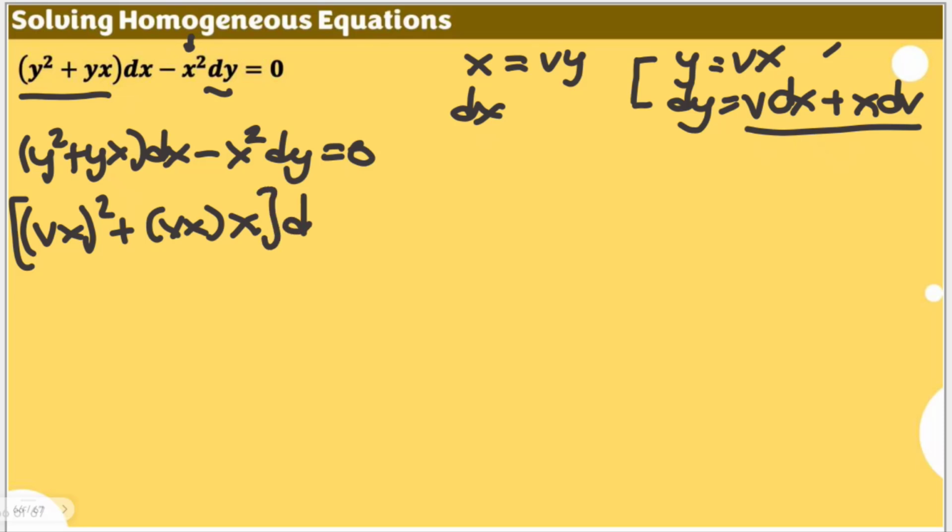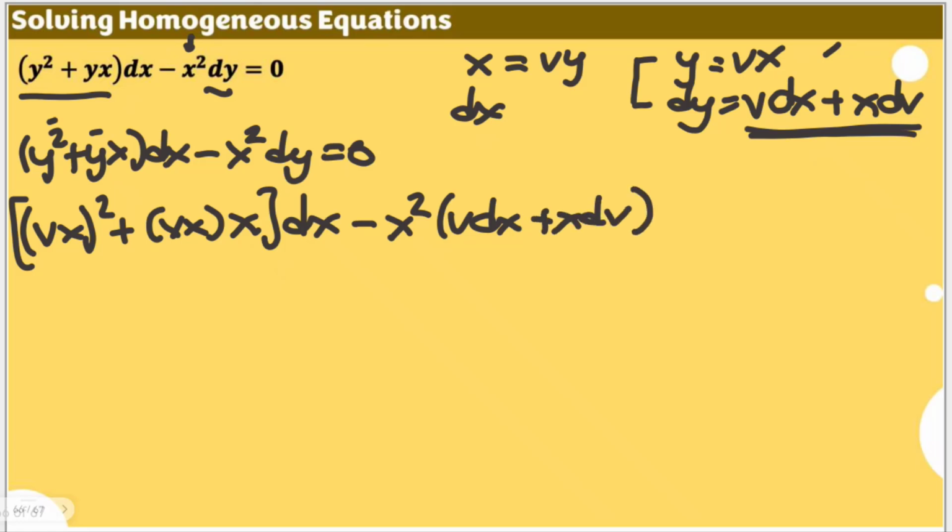That's just for our first term, dx. Again, y becomes vx and another y here. Next, minus x squared, and our dy is changed to this. You will have v dx plus x dv. This is equal to 0.